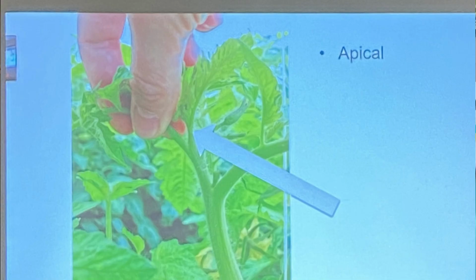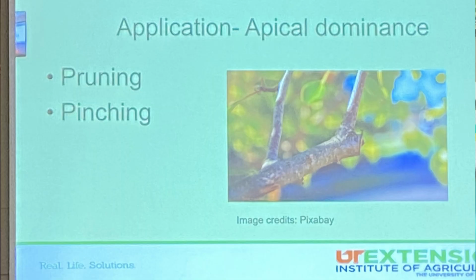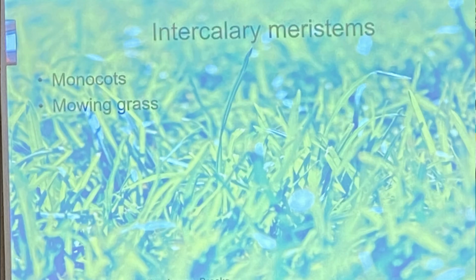And this shows what an apical stem looks like, and then there's an axillary. And application of apical dominance, pruning and pinching. A lot of people do this with their fruit trees. Intercalary meristems, monocots like grass, is that.